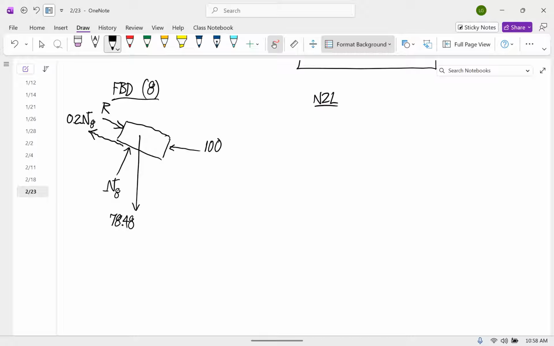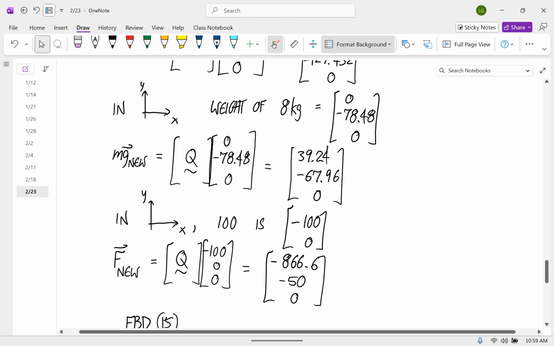So Newton's second law says, we have a bunch of stuff that's parallel and perpendicular to the incline. So those are easy in our new coordinate system. We have R, 0, negative 0.2 N8, 0, 0 N8, and now we have the weight force.